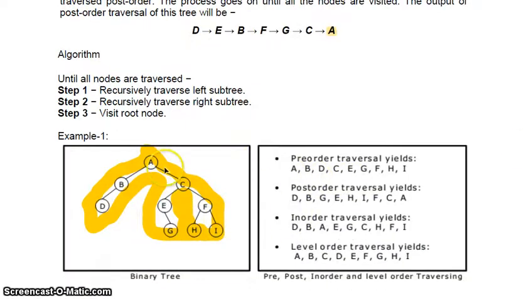As you can see here, pre-order is A, B, D, C, E, G, then F, H, I. Over. This is pre-order, post-order and in-order traversal for this particular graph.